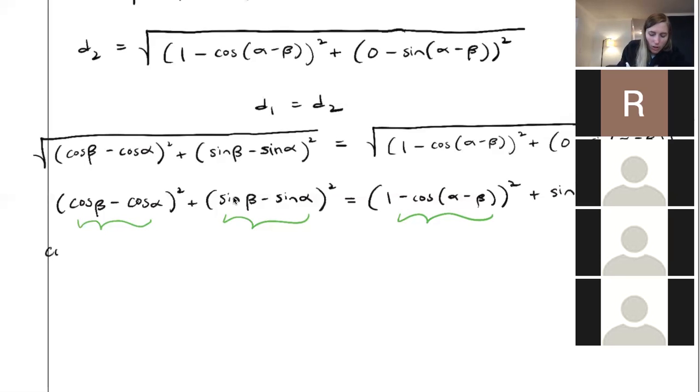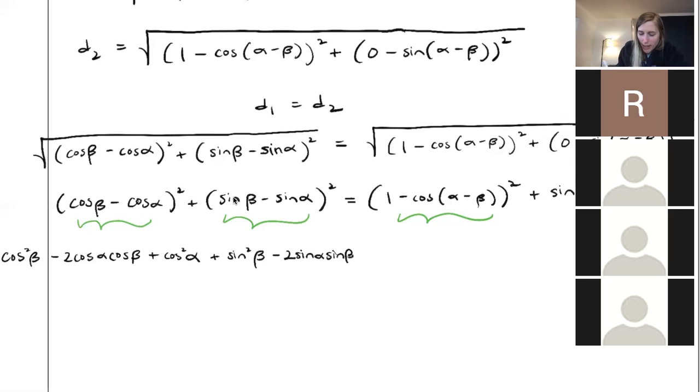So it ends up being cosine squared beta minus 2 cosine alpha cosine beta plus cosine squared alpha. That's for multiplying out that first binomial. Now we have to multiply out sine of beta minus sine alpha. So plus sine squared beta minus 2 sine alpha sine beta plus sine squared alpha.